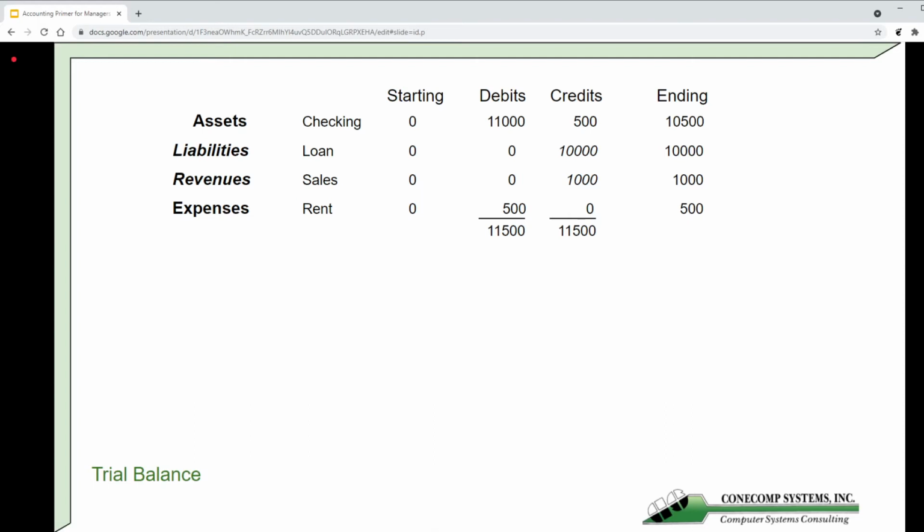The column 2 is called debits, column 3 is called credits, and the columns add up to the same amount. Or in a word, we say that the debits equal the credits, and that'll always be the case when you follow this formula, the system, simply reversing the liabilities and the revenues from the assets and expenses.